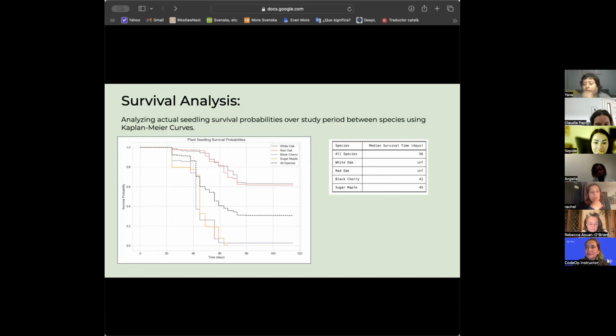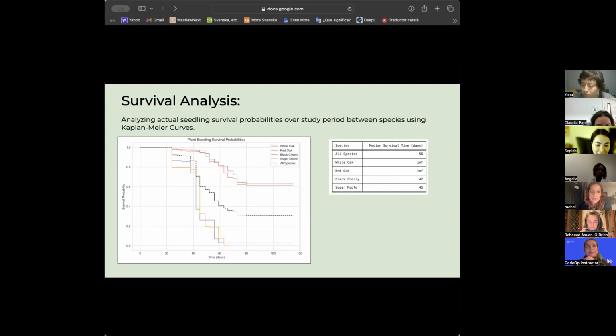Things to note here are that during the study period, which was over about 4 months, the black cherry and the sugar maples pretty much reached 0, whereas the oaks typically didn't make it to 0, suggesting that they survived over the course of the study. And we have some mean survival estimates using this, which is sort of limited because of the problem of our oak trees not actually reaching 0.